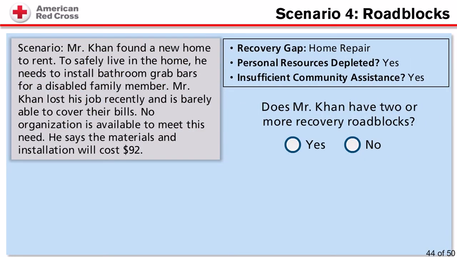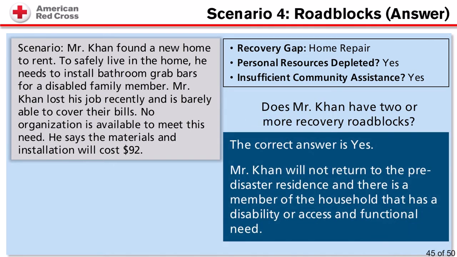Does Mr. Khan have 2 or more recovery roadblocks? Yes or no? The correct answer is yes. Mr. Khan will not return to live in his pre-disaster residence, and there is a member of the household that has a disability or access and functional need.